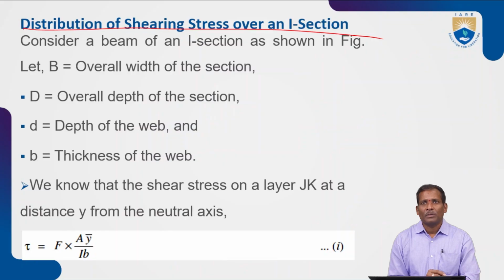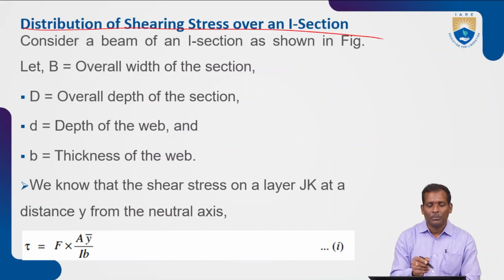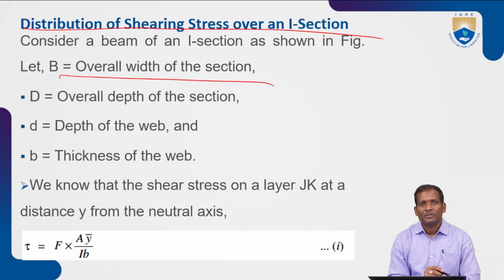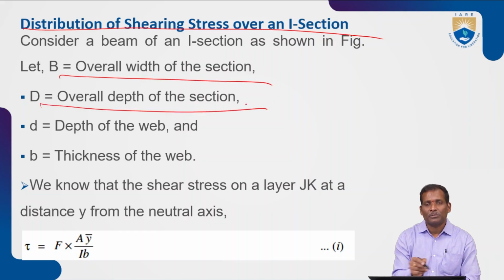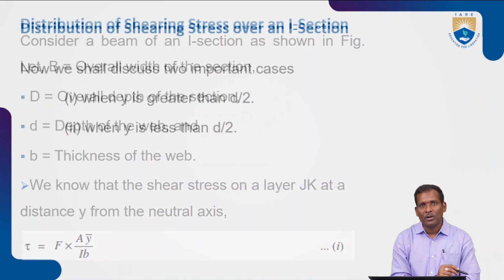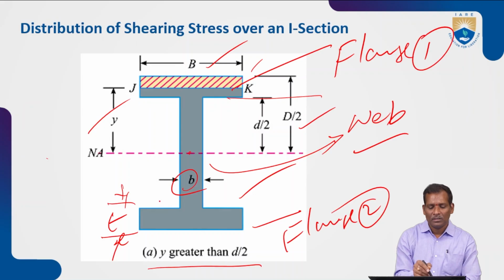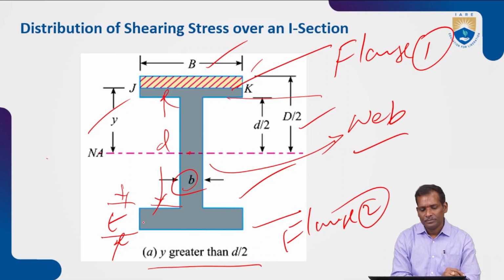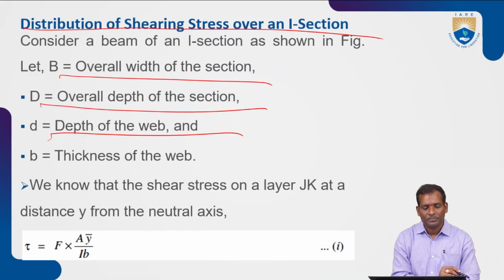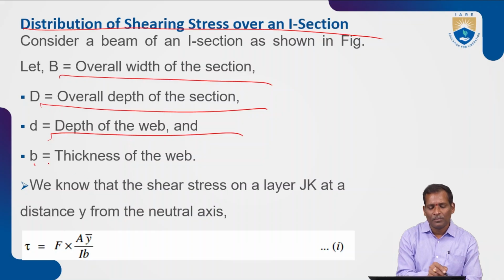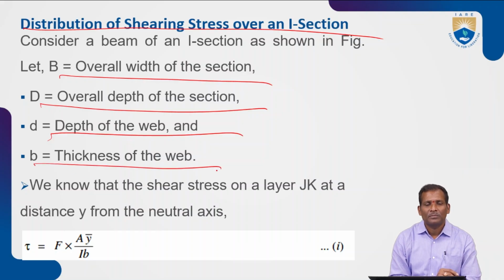We will see one by one. For the I section shown in the figure, B is the overall width of the section, capital D is the overall depth of the section, small d is the depth of the web, from here to here, and small b is the thickness of the web, and small t the thickness of the flange.